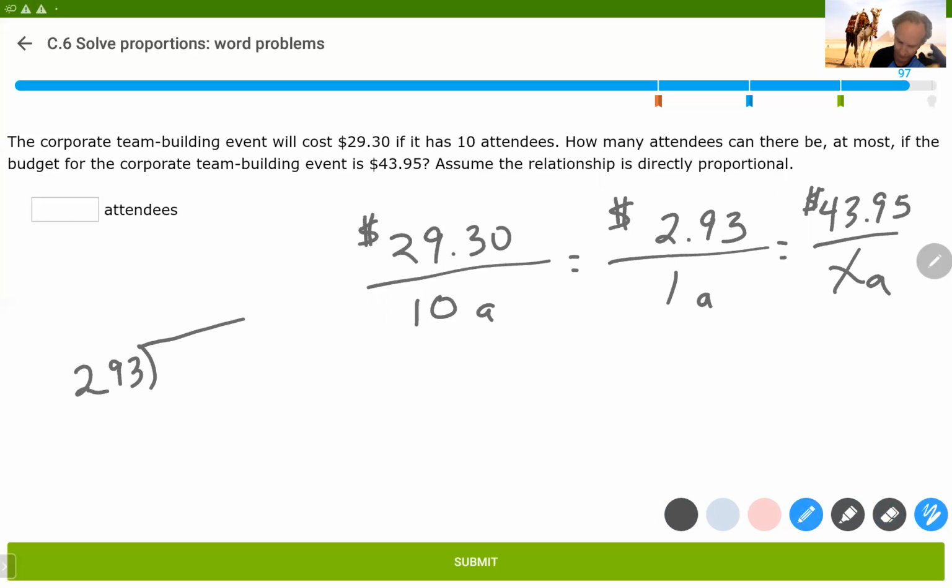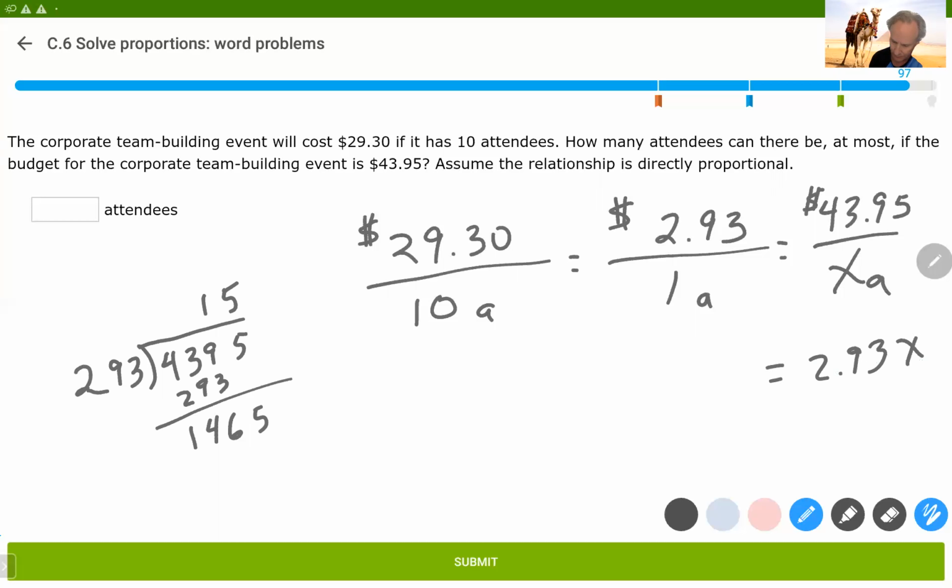And move the decimal over 2 places, 43.95. Goes in once, 293. We subtract, we get 461, 465, and it looks like it's going to be 5 times, isn't it? Yes, it is. That would be 15 attendees. And when we divide by the 293, we get x is equal to 15 attendees.